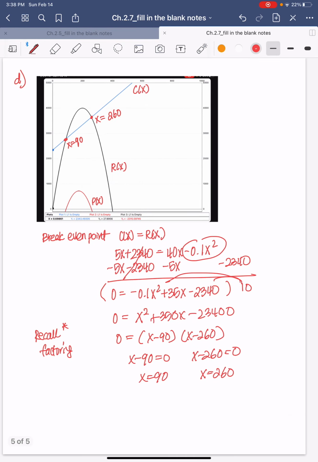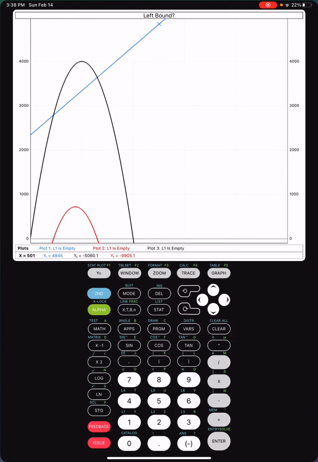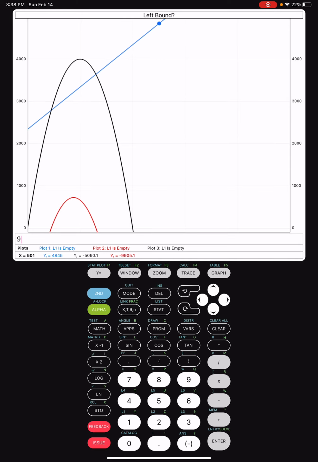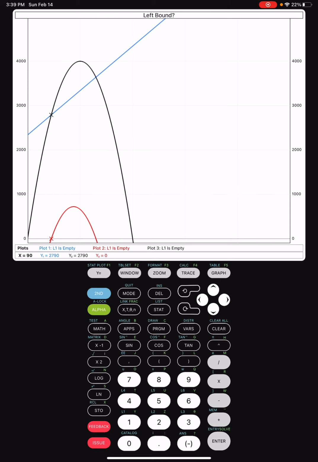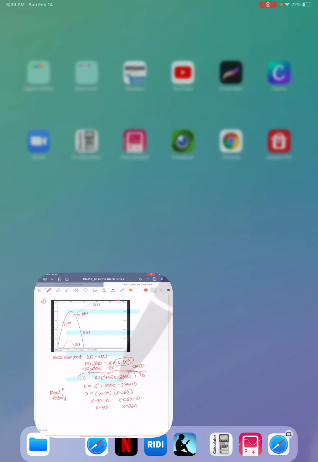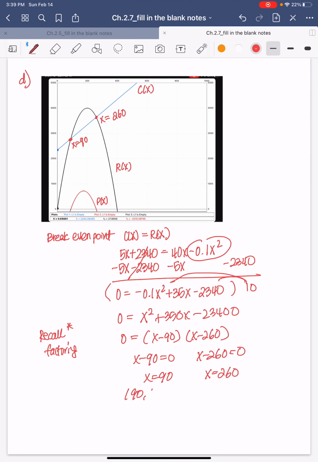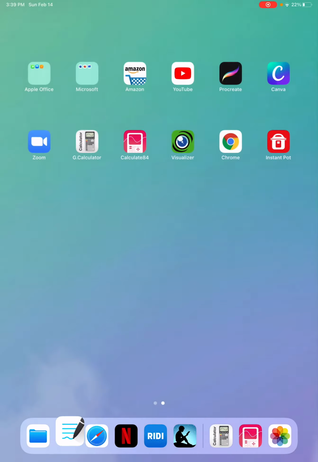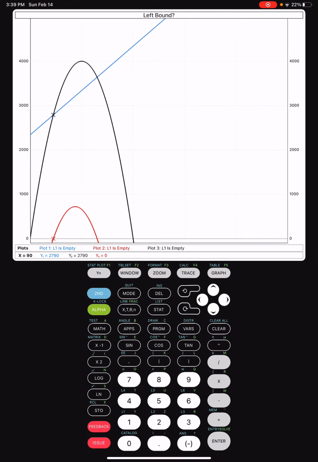So let's check. So first one, I'm gonna press when x equals 90. Let's see if there's an intersection point. Yep, that hits blue and then green, black. And the y value associated with that is 2,790. So I'm gonna use that one. So 90, 2,790. And let's use a calculator to confirm. The x value was 260.